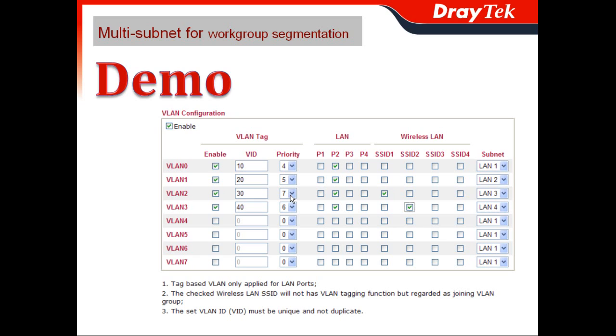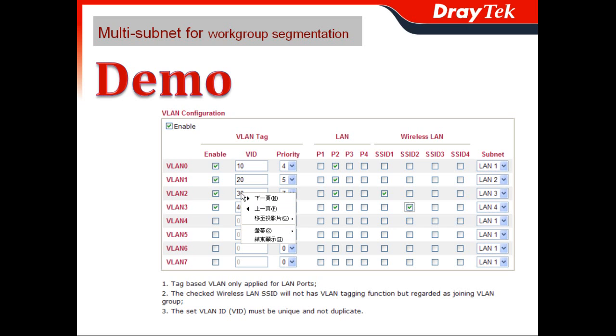It's because in the Vigor 2830 series, the priority level starts from 0 to 7, and 7 is the highest. So we choose 7, the highest priority for the sales department, and all the data comes from port 2 just like the others, but we use Q-in-Q to separate the packets, and we can also manage the wireless LAN SSID1 just by the different VLAN ID. In this case, it is 30.